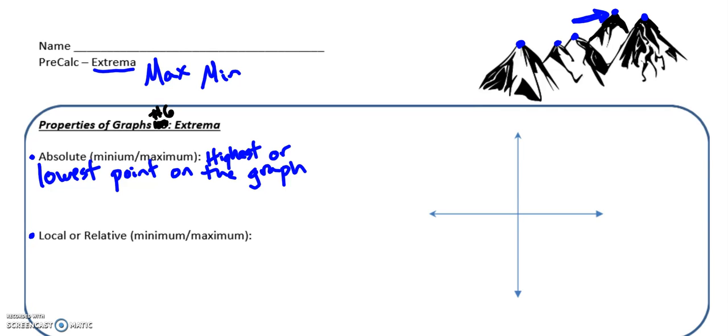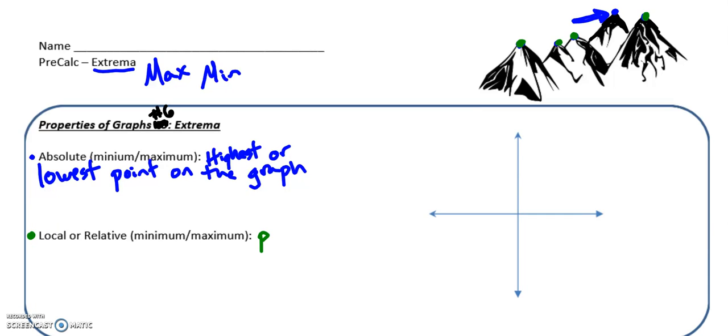But I also have these other peaks as I go that I pointed out before. That one, that one, that one. They're also maximums, but they're only maximum compared to the points that are right around it. So he's what we would call a local maximum. He's only a maximum in that one little area.